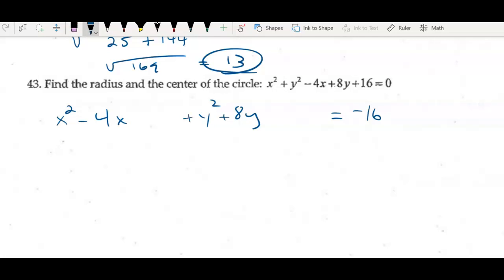All right. To complete the square, I take negative 4, cut it in half, and square it. Well, negative 2 squared is plus 4. But because I'm adding a plus 4 there, add a plus 4 there. All right. Again, take 8, cut it in half, and square it. Half of 8 is 4. 4 squared is 16. Add it over here.